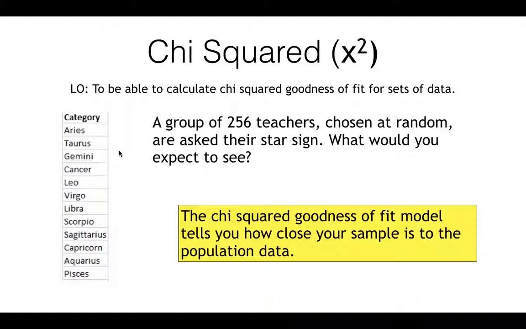So you'd have pretty much the same number of teachers in each row here. Because generally we don't expect our profession to be determined by our star sign. So let's have a look and see what we found out.